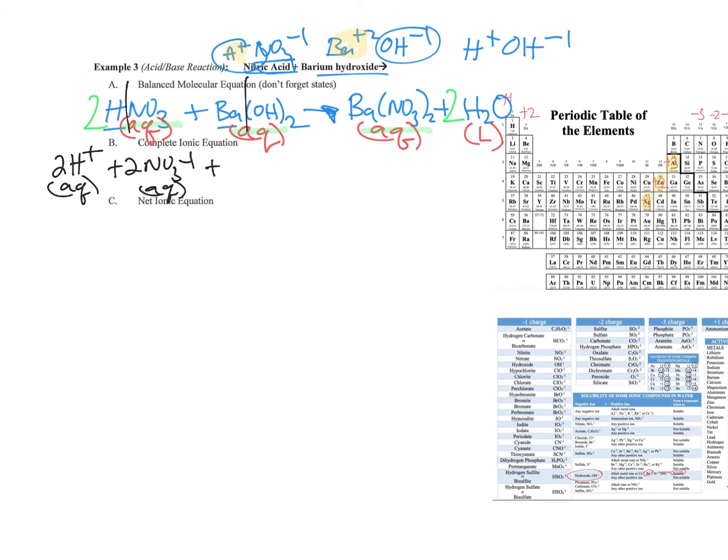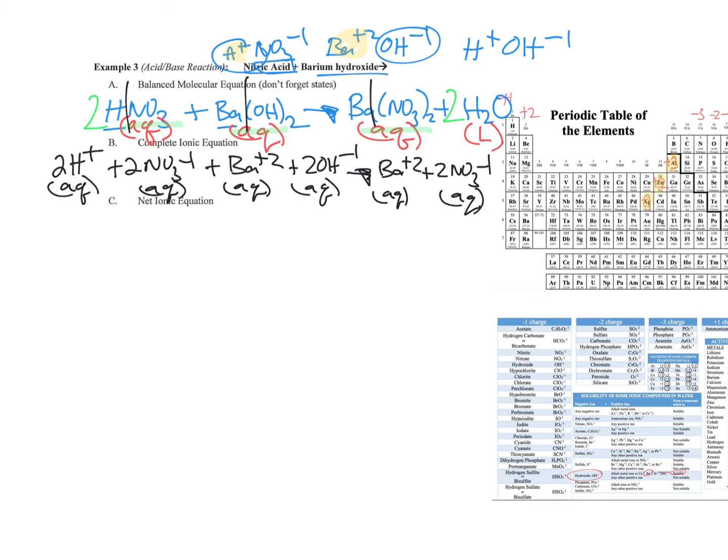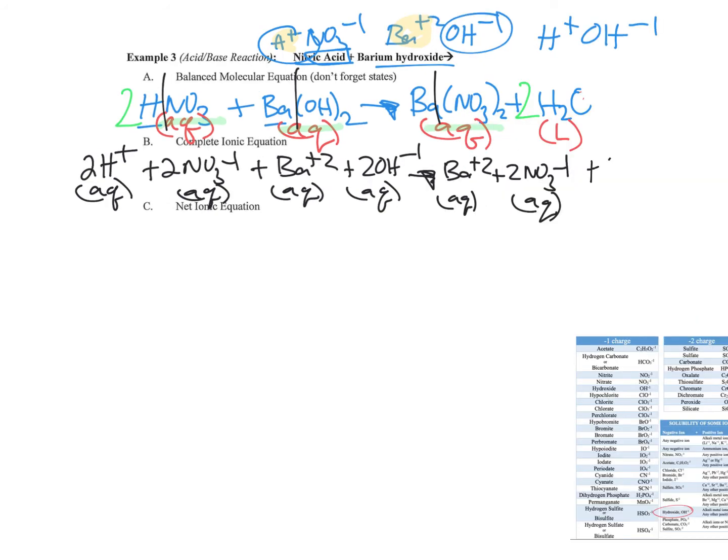Break up barium hydroxide, so I'm going to have 1 Ba plus 2 ion and 2 OH negative 1 aqueous ions. I'm going to break up barium nitrate, Ba plus 2, and 2 nitrates. And I'm just going to bring down my 2 H2Os that are a liquid.